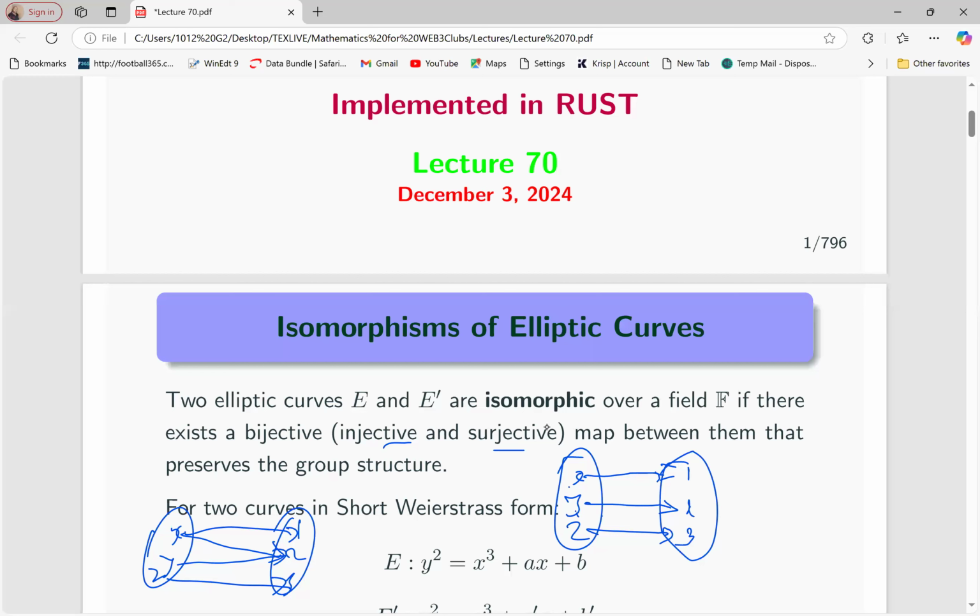Object X has image 1, object Y has image 2, object Z has image 3. That's what I mean by one-to-one. So we can either call it one-to-one, or call it injective.